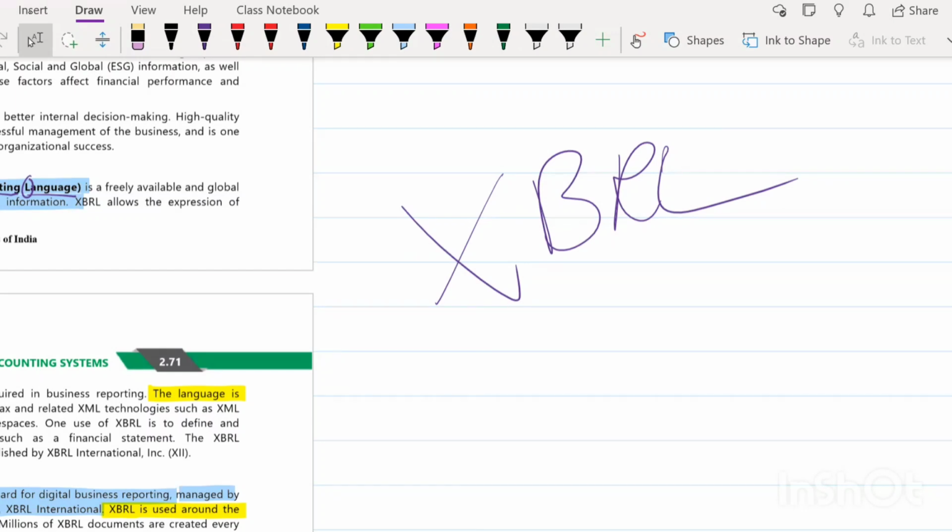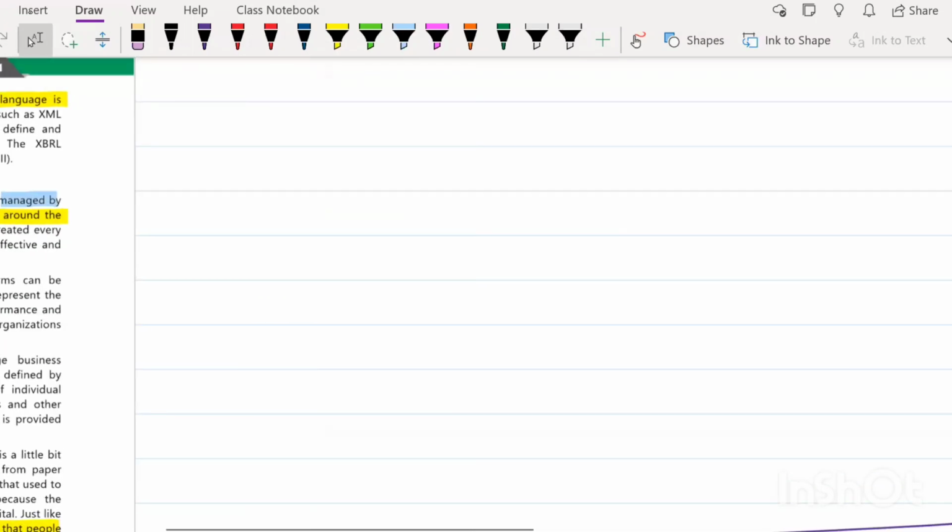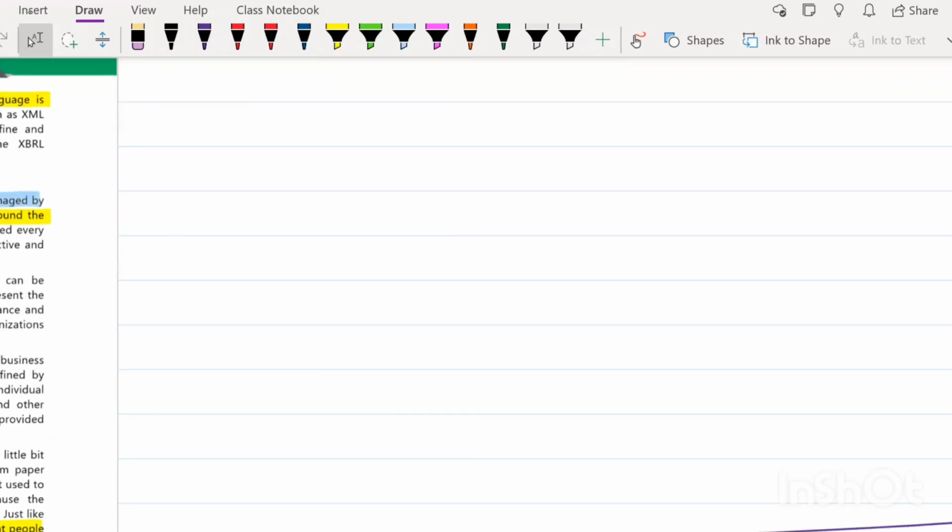In the same way, from a company's perspective or the perspective of the financial world, I'll give you an example. Suppose there are company 1, company 2 and company 3.